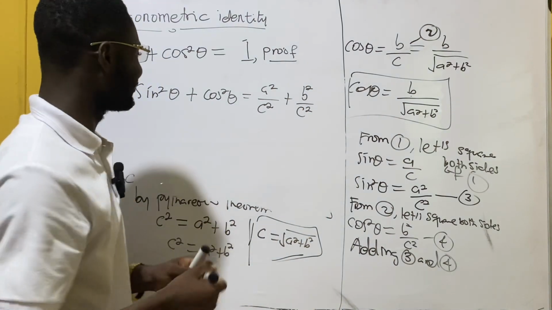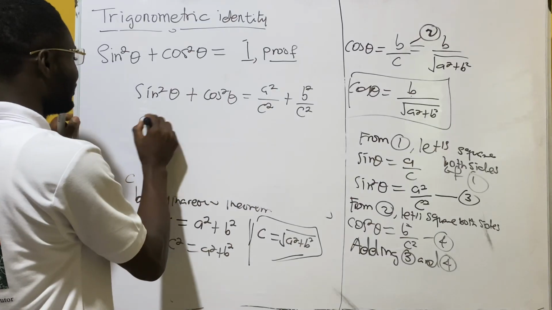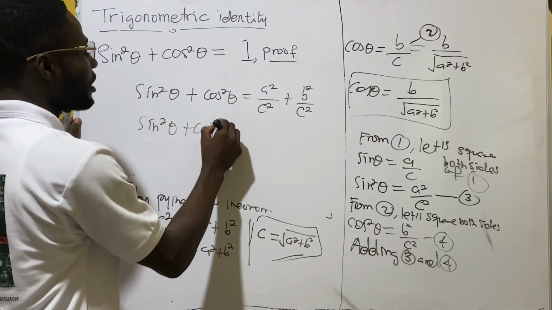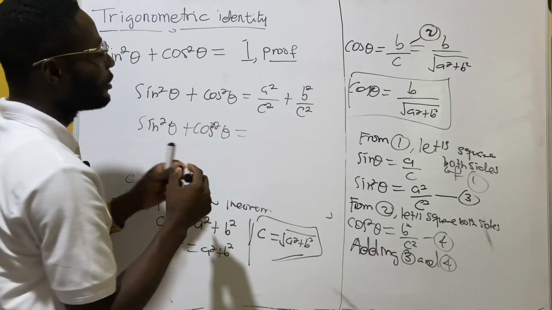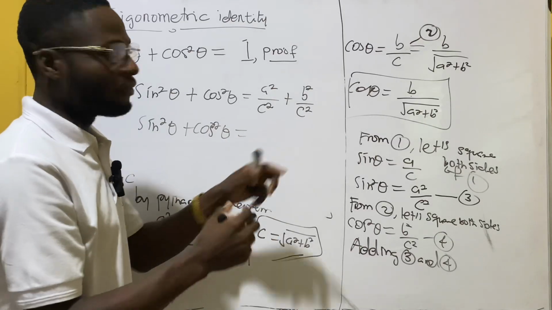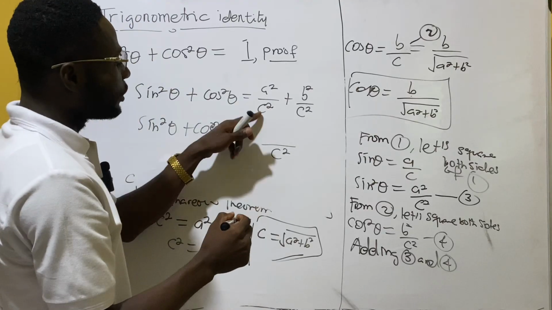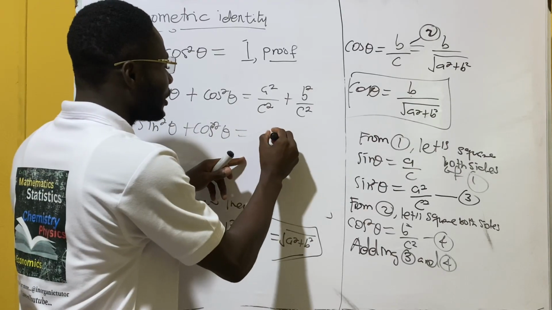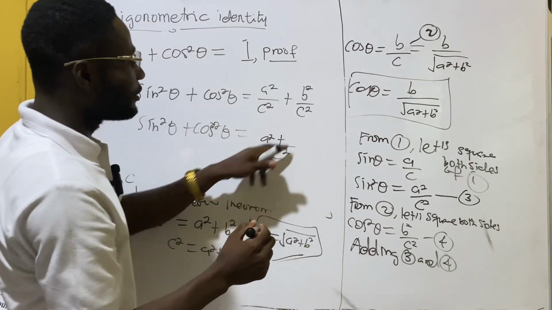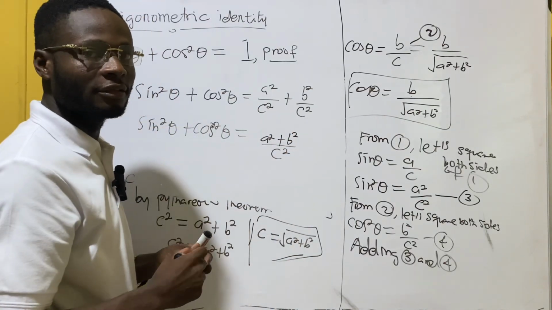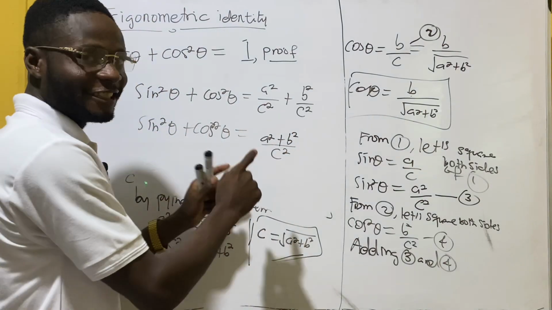That is interesting. So we have here sine squared theta plus cos squared theta equals, find the LCM for this, you have over C squared, right? So we have A squared here plus B squared here, right? That is great.